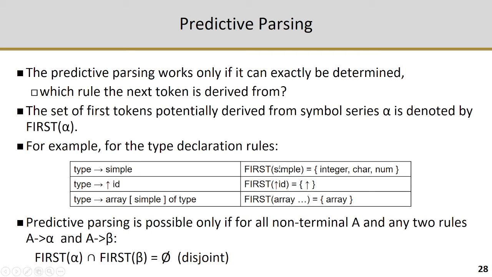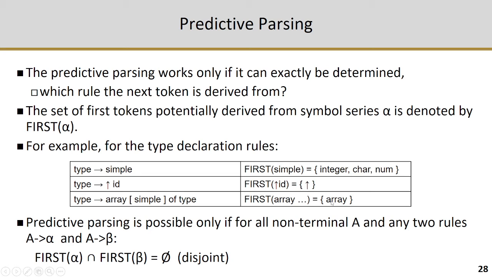then the first token generated from simple can be either an integer, a character, or the first token from the sequence num.num, which is num. If a pointer is defined, we have an up arrow as the first symbol, and in the case of an array, the array is the first token.